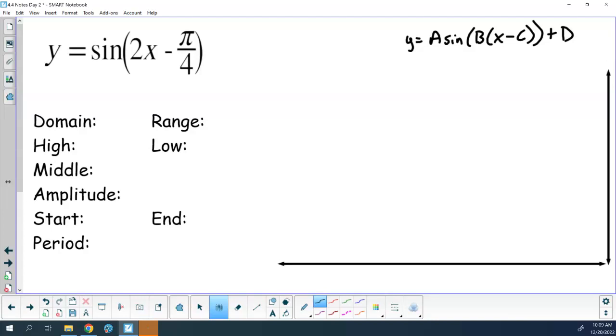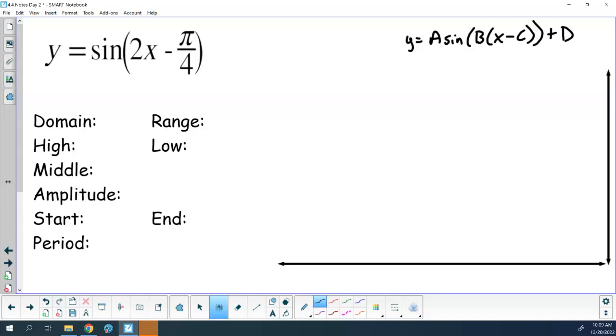What's different about the general form that I just wrote in this example? There's a 2 on my x, right? There's a coefficient other than 1 on the x inside. So before I even start this one, I have got to get it to look like that so I can graph it like I've been graphing.